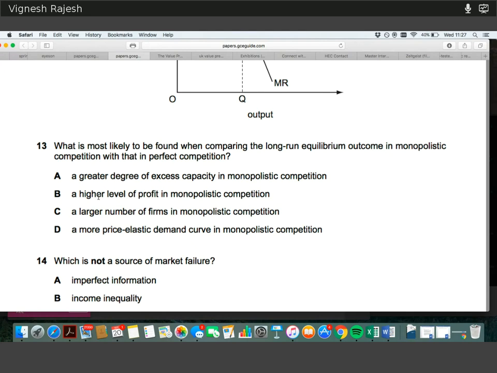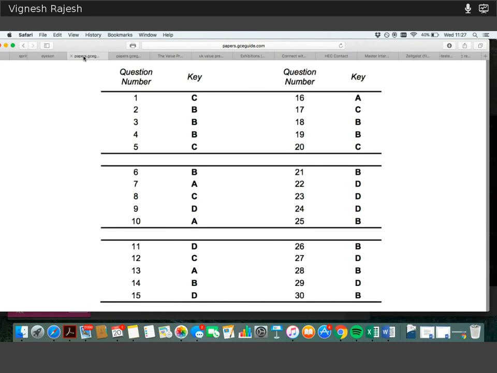We know that in perfect competition, zero profits are made because any abnormal profit is whittled down by the increase in suppliers coming into the market, or leaving the market in cases of loss. But the barriers to entry in monopolistic competition mean that this is not possible. So abnormal high level profits are made. So I believe the answer to 13 is B.